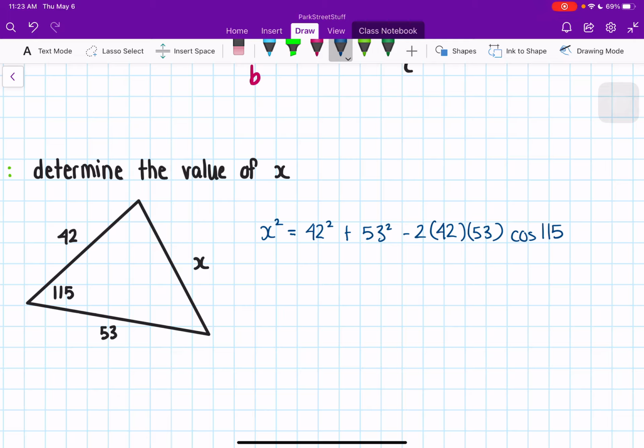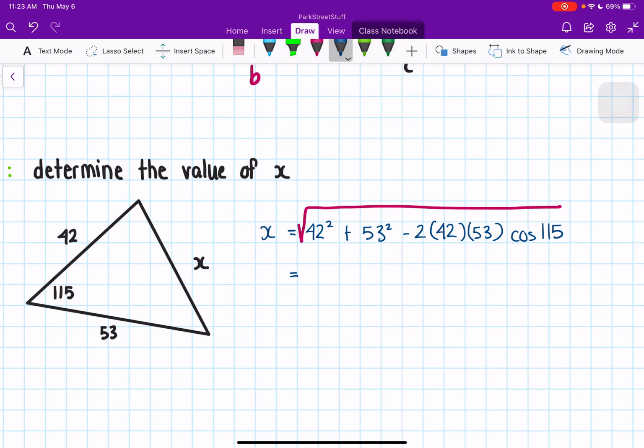Again, this is giving us the x squared, and we actually need x by itself. So something we can do is, instead of writing it out as x squared, all we do is write it out with the square root, and then now we have x. And your calculator should be able to digest all of that.